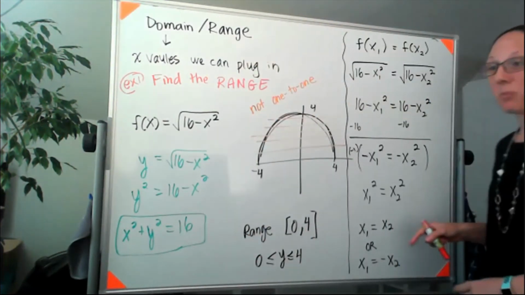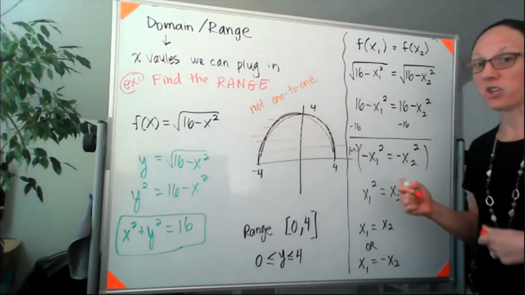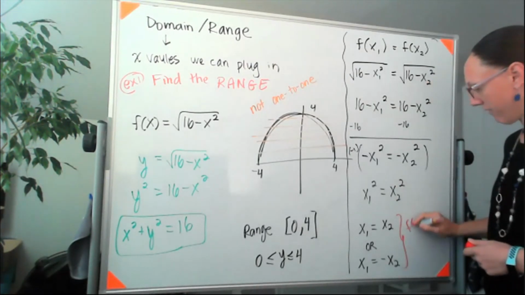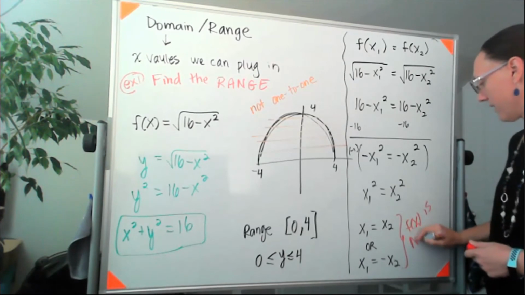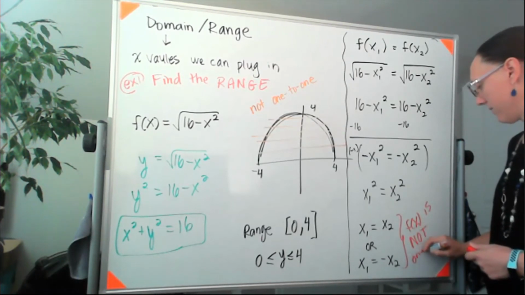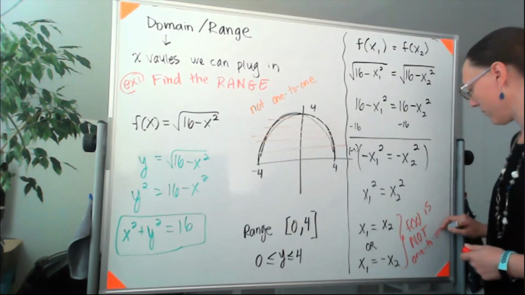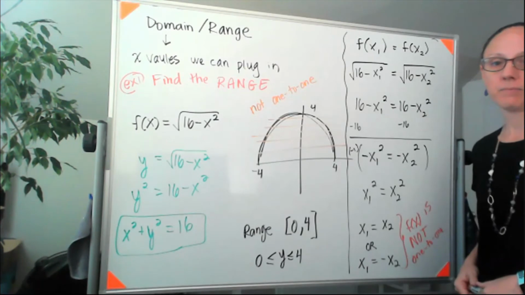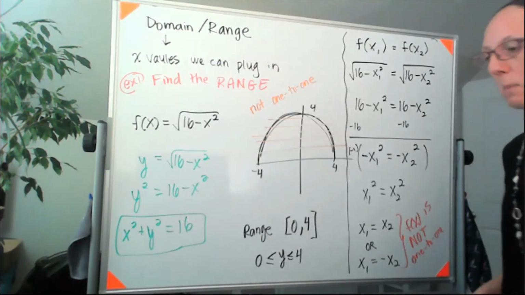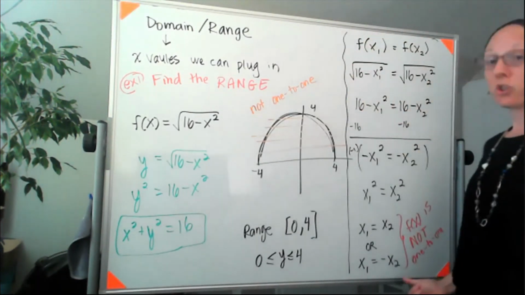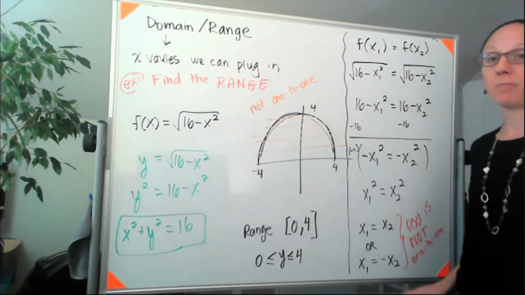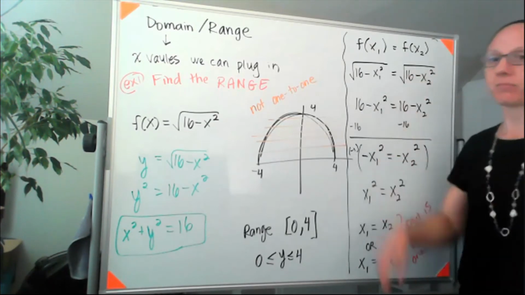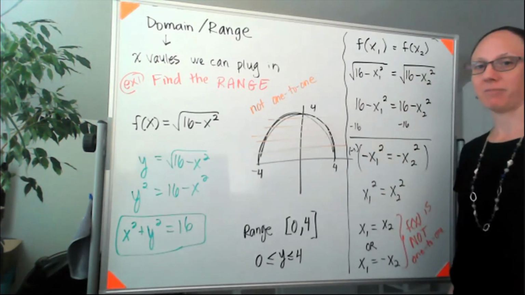Since we ended up with two answers, not just one, I know that f of x is not one-to-one. Which loops me back around to, since it wasn't one-to-one, we weren't going to be able to find an inverse anyway. So it's a good thing we knew what the graph looked like.